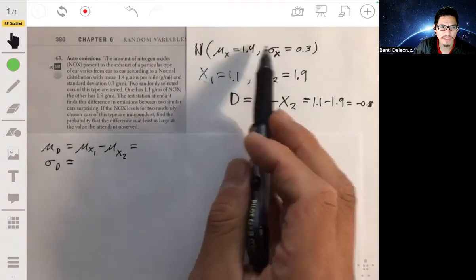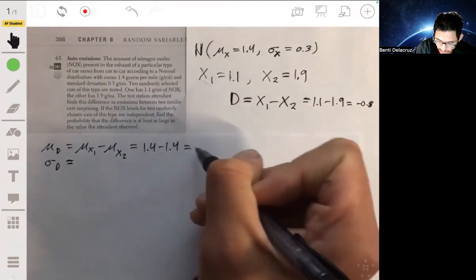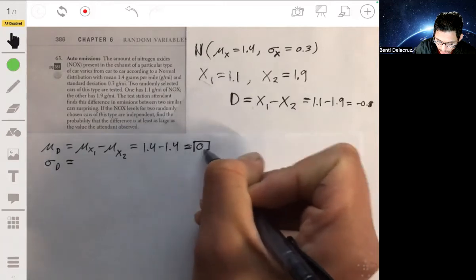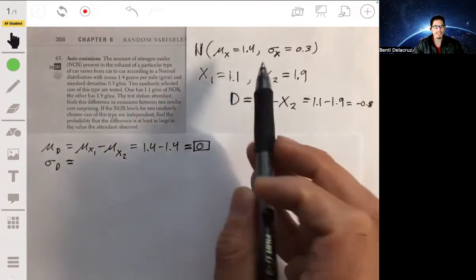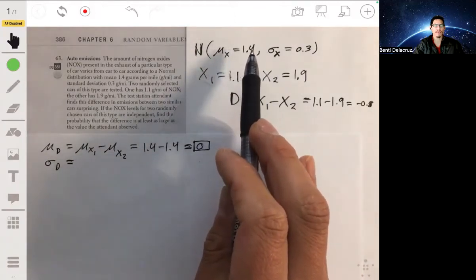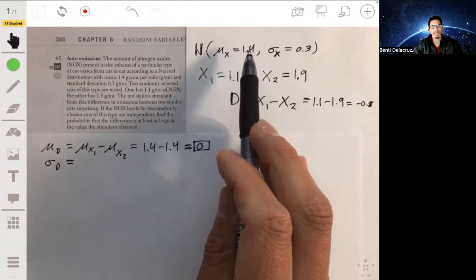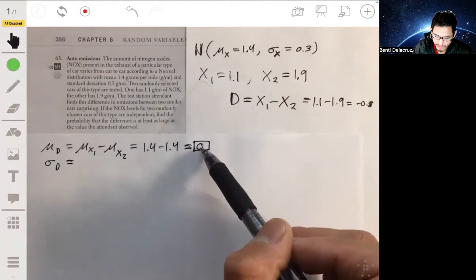They both have a mean of 1.4. So the mean difference is 0. That makes sense because you're basically selecting from the same distribution, and you expect them to be 1.4 usually, so on average they're going to be the same. So the mean difference of 0 makes sense.